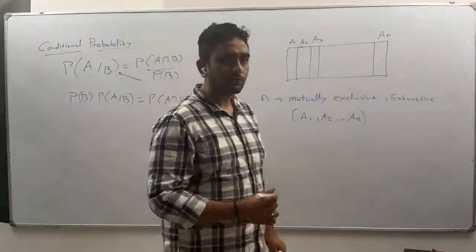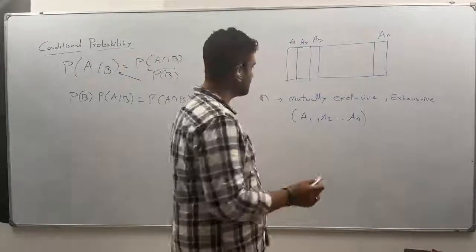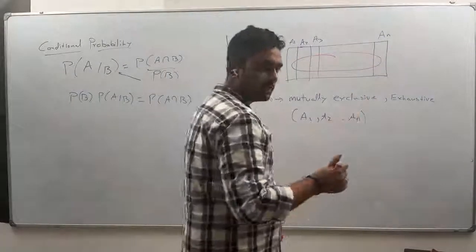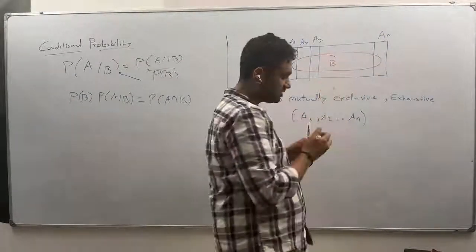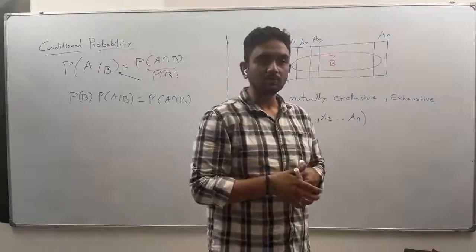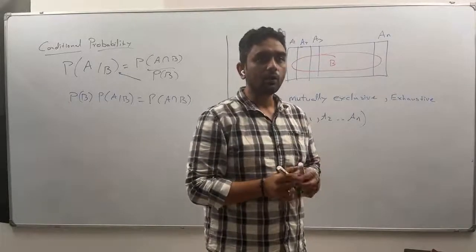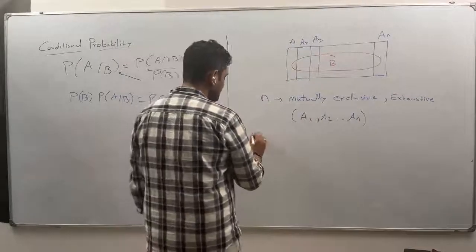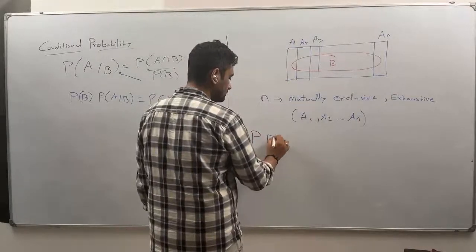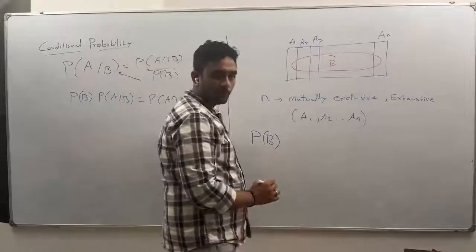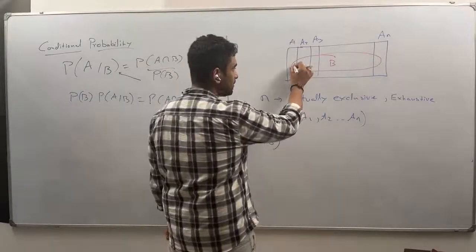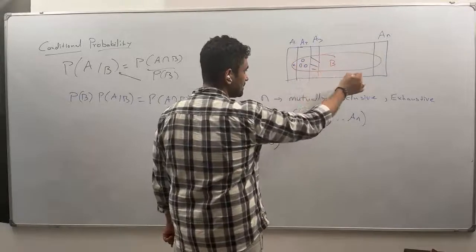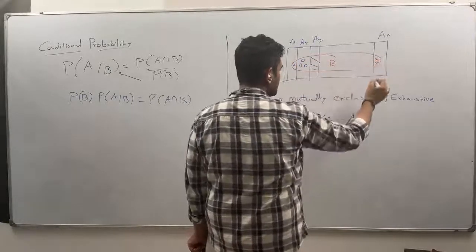So if you have n mutually exclusive exhaustive events and some random event B spanning over few or some of them, this is our event B. Then according to the total probability theorem, the total probability of B will be this piecewise probability: add this, then add this, then add this, and so on.